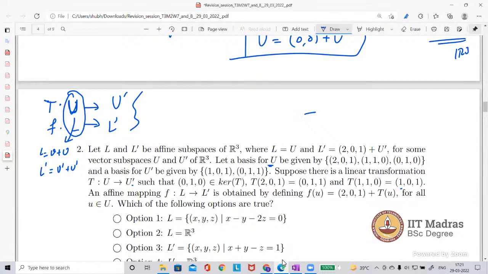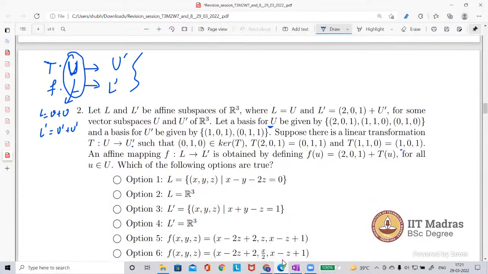So let's do this one. If you see the options, we need to find L and L prime. L is u, exactly u, and for u a basis is given. In the basis, 3 elements are given, so the dimension of u is 3. You know that the dimension of R3 is also 3.